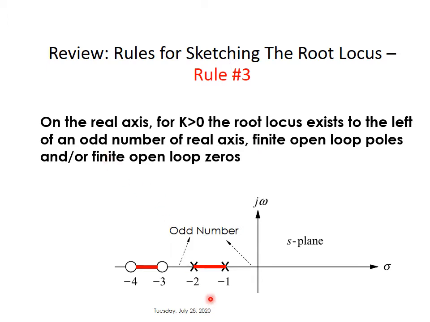So basically for the branches that don't go towards infinity. For example, in the example that we stated early in this lecture, there is one pole that goes towards infinity, so it doesn't apply for that. But for all the branches that are finite, like this, the branches are actually located on the left of an odd number, right?